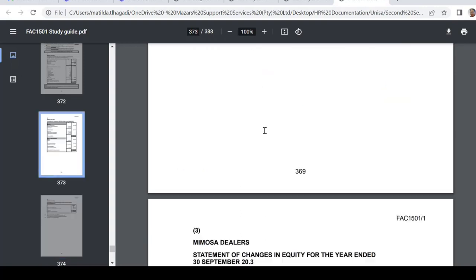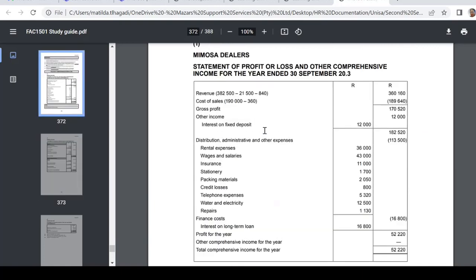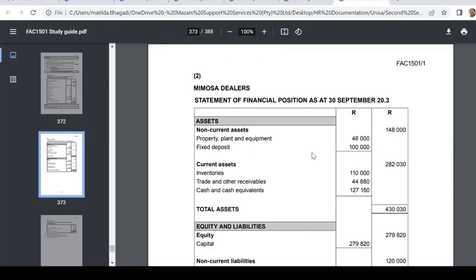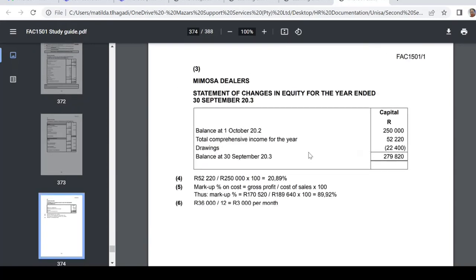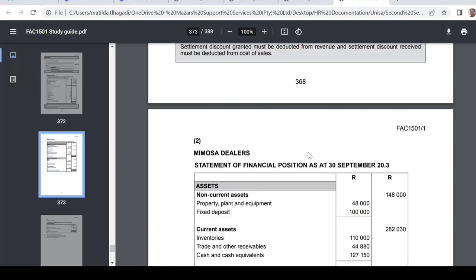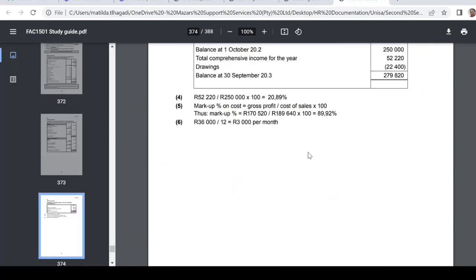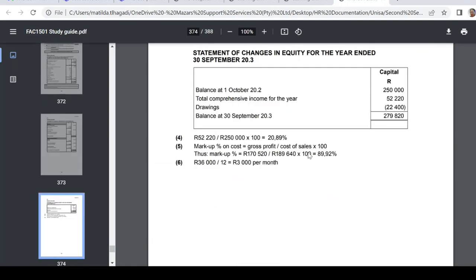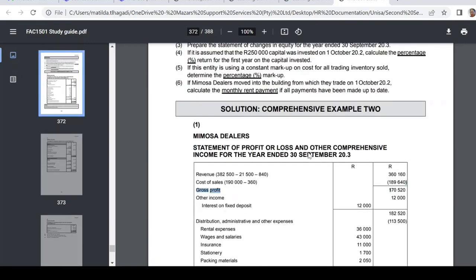So gross profit is 175.20 divided by cost of sales 189,640 times 100.